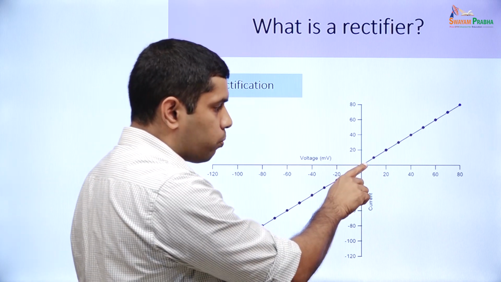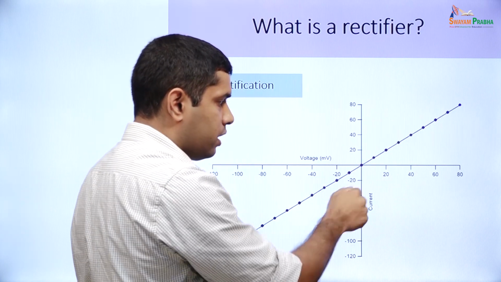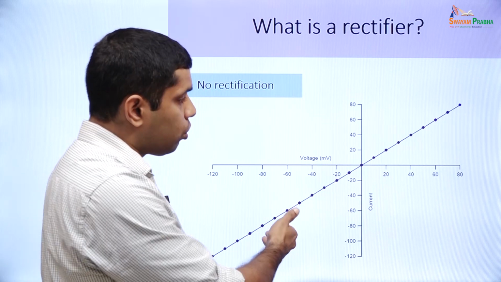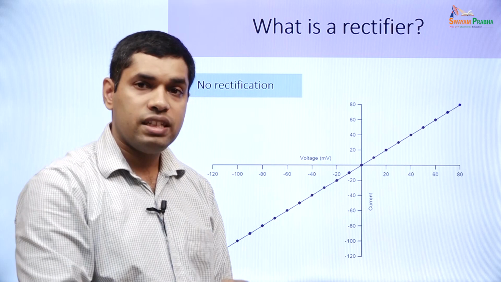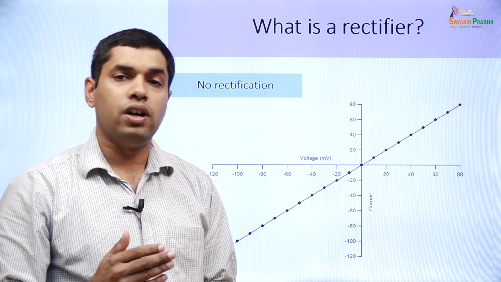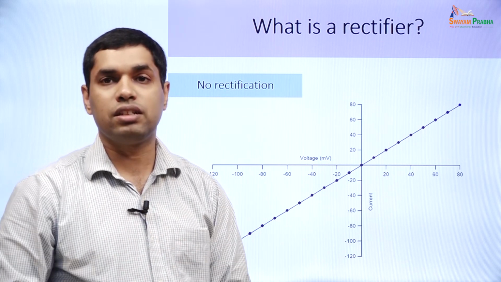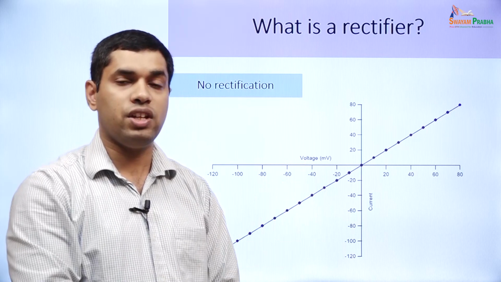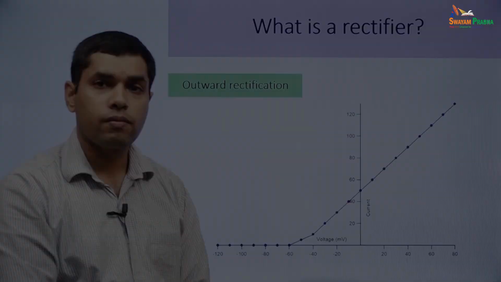Now if you look at the slope in the positive direction, it is exactly the same as the slope in the negative direction. So the conductance of outward currents is the same as the conductance of inward currents. So this particular graph shows you that there is no rectification happening at all.